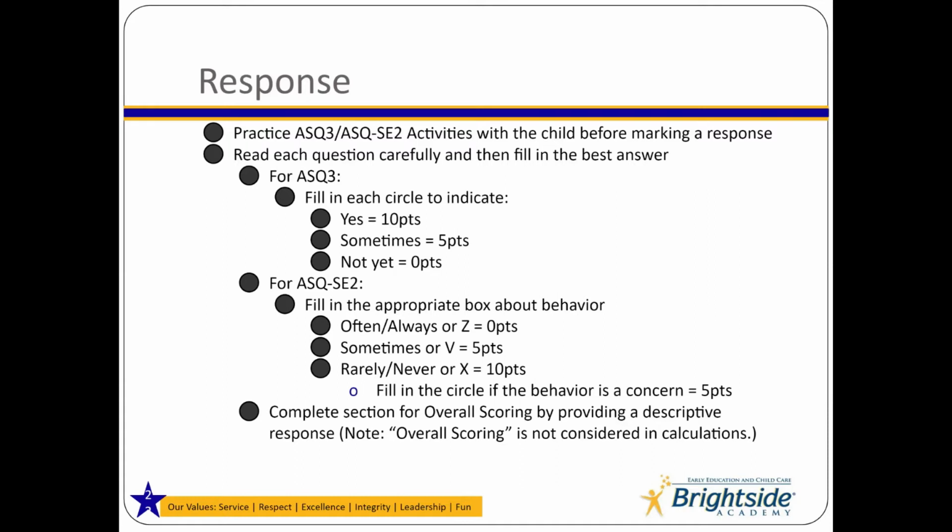Rarely or never indicates a point of X or 10 points. Again, if that particular behavior is of concern, fill in a circle at the end, and that will add a point of 5. Always complete the section for overall scoring by providing a descriptive response.